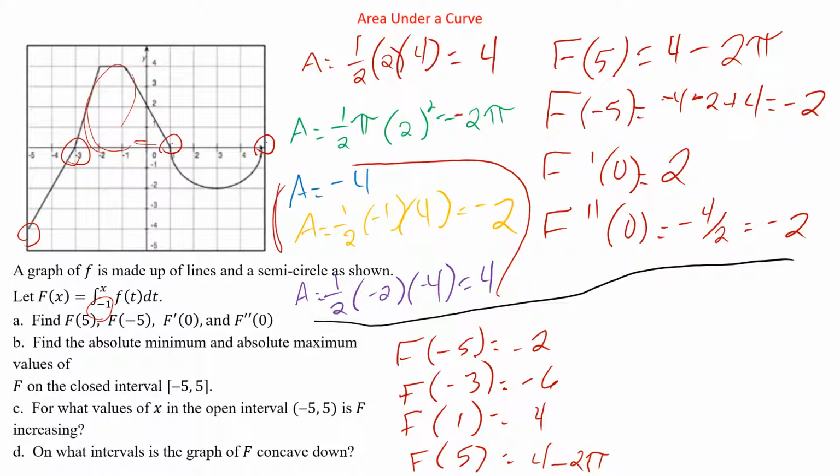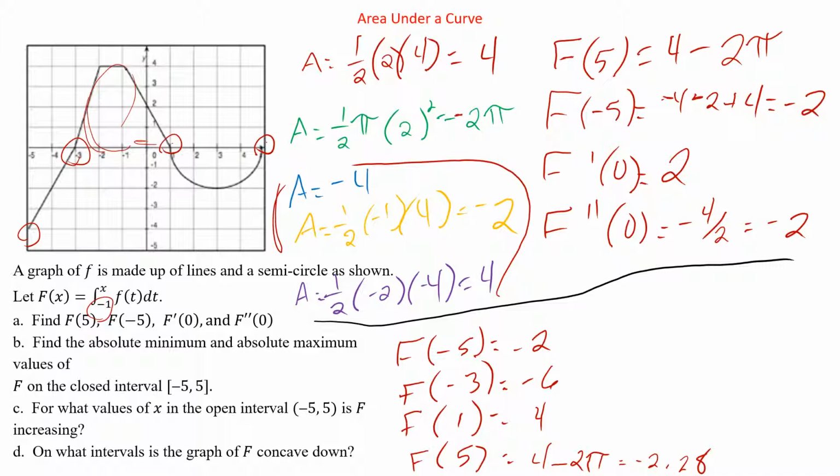And so we need to figure out which is the biggest, which is the smallest. So here, f of 5 is 4 minus 2 pi. Not really helping us. 2 pi is about 6.28. So 4 minus that is going to equal about -2.28, which all we need to know about that is it's not the smallest, it's not the biggest.